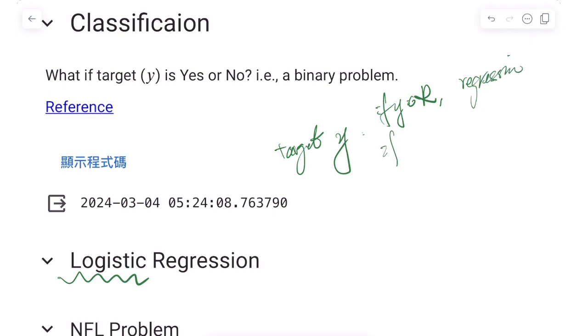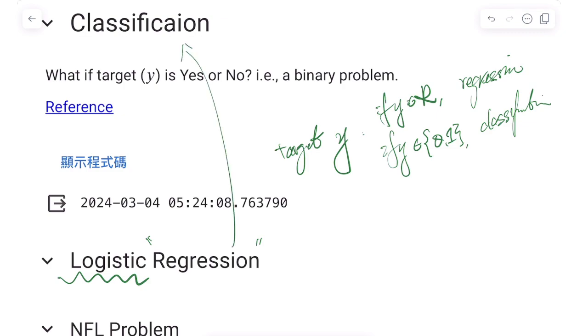But if y is categorical, for example, if it's either 0 or 1, then we will model such a problem as a classification problem. Although its name is logistic regression, it is an algorithm that helps us solve the classification problem.